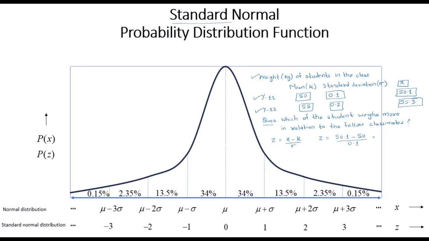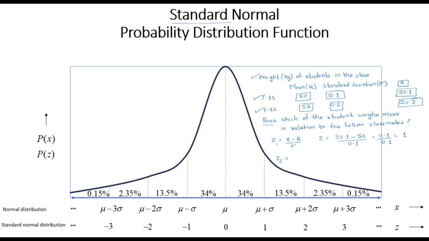So we will get a value of 0.1 over 0.1, which is 1. So maybe I can call it Z1. So Z1 represents the z-score for the student who is found to have a weight of 50.1 kg in year 11.